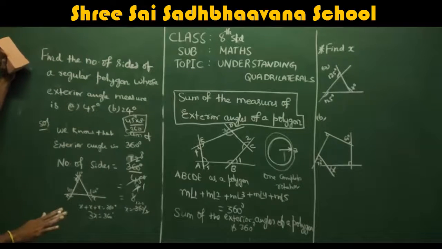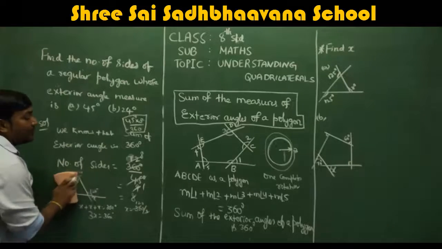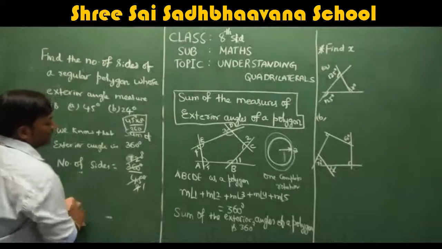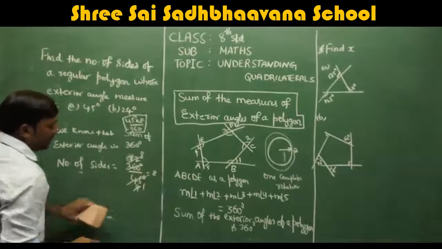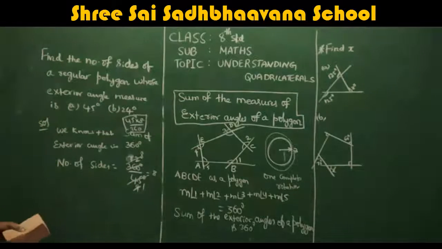But in a regular polygon, the sum of the exterior angles is 360, and all the exterior angles are equal. If it is 120, 120, 120, I'll just give an example. That happens only in a regular polygon. Remember, that is not applicable for other kinds of polygons, only for regular polygons.